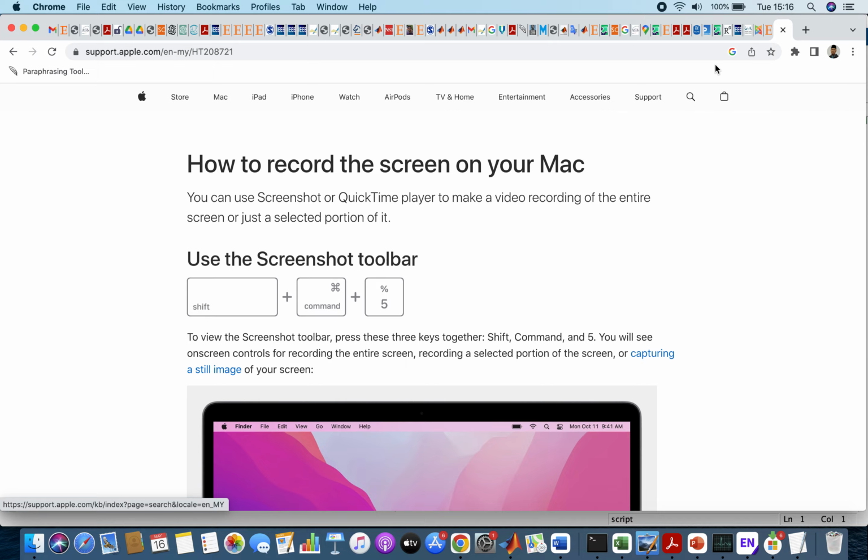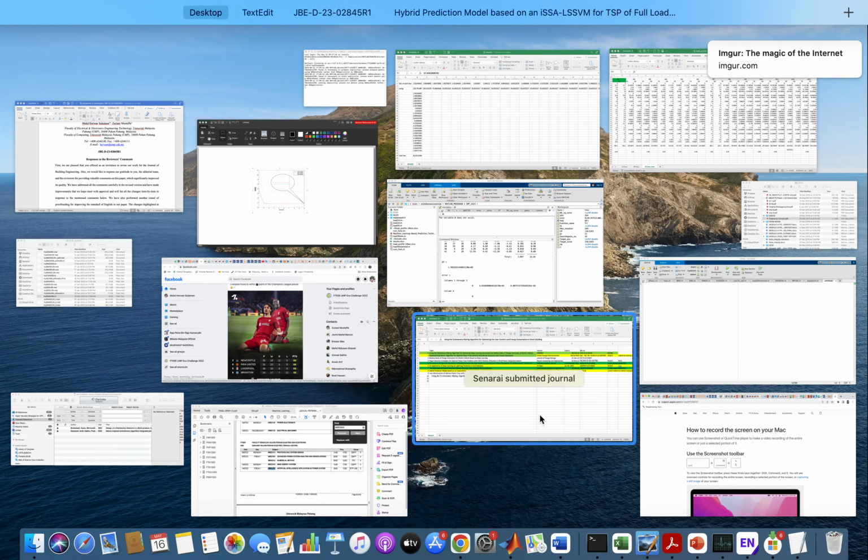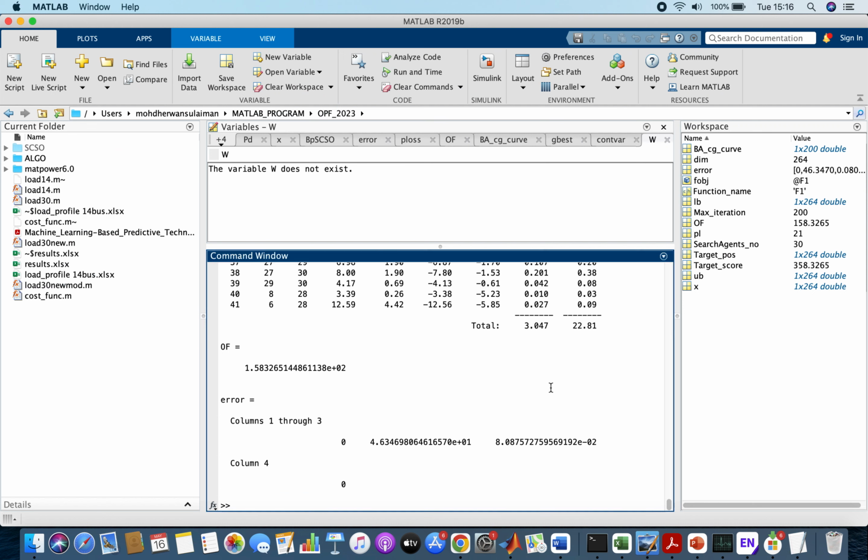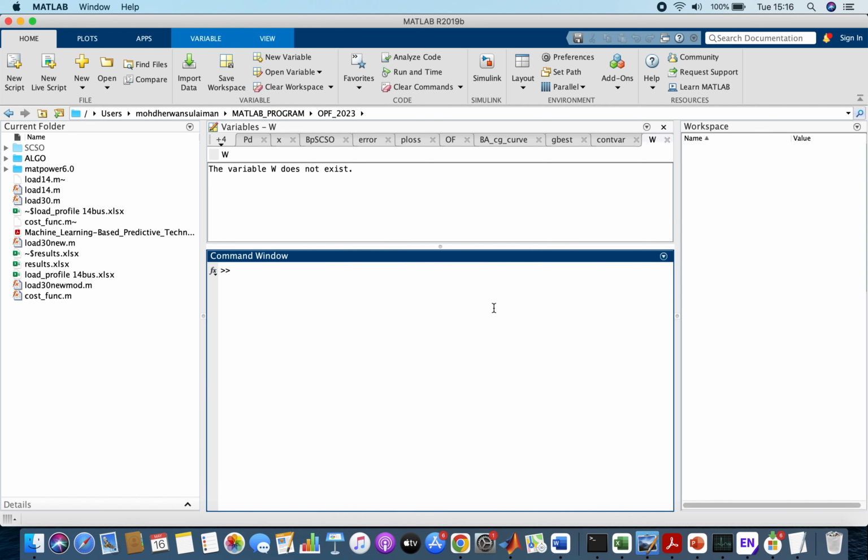So today we will try to solve the economic dispatch using genetic algorithm. We can do two methods. The first one we use the toolbox.